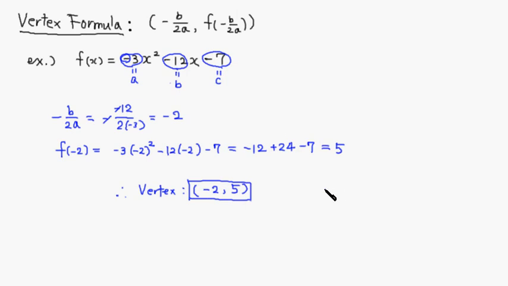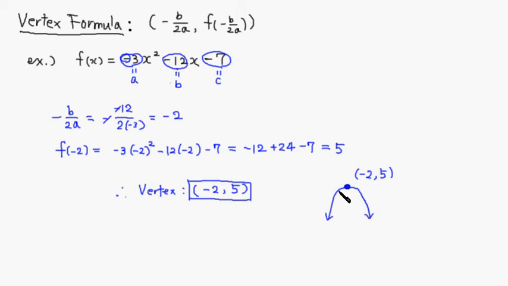So you can see that the rough picture of this function is going to be, this is the vertex at negative 2 comma 5, and because of the negative it faces down, so the parabola is going to face down this way.